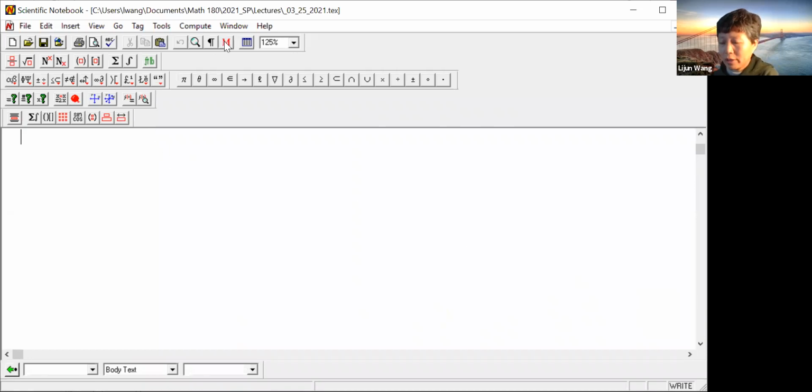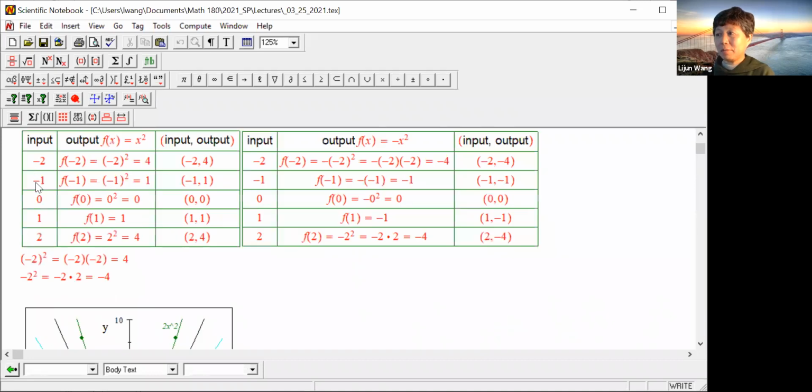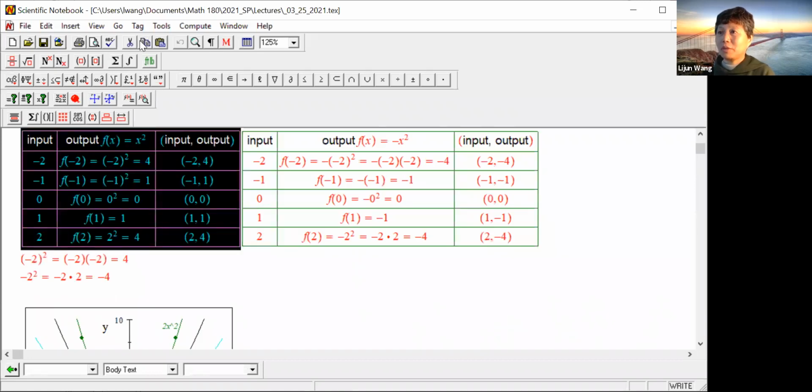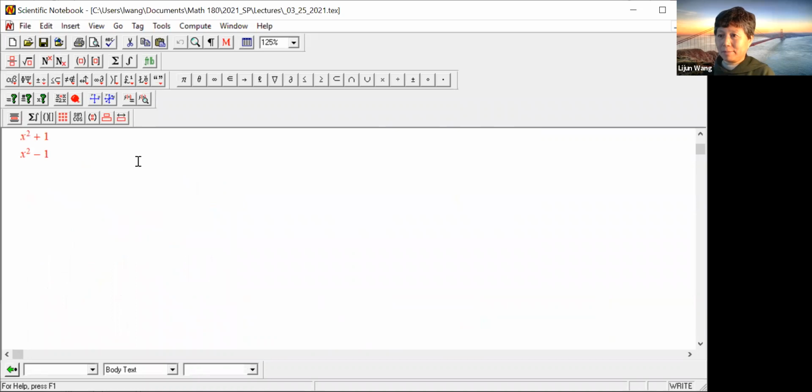One is x squared plus 1, and the other one is x squared minus 1. With the experience we had earlier with the table, I think you guys can do this very quickly.